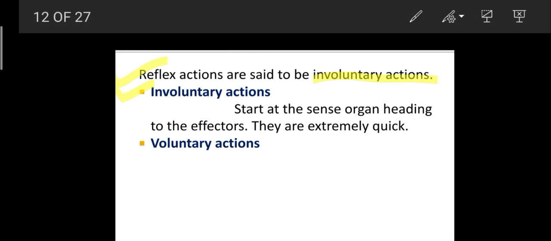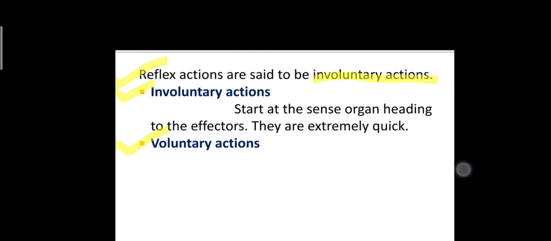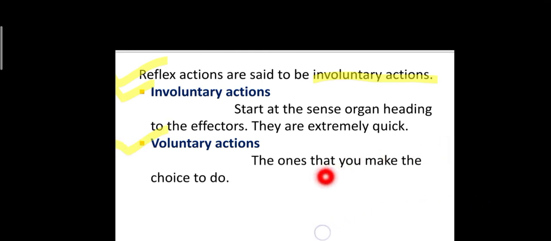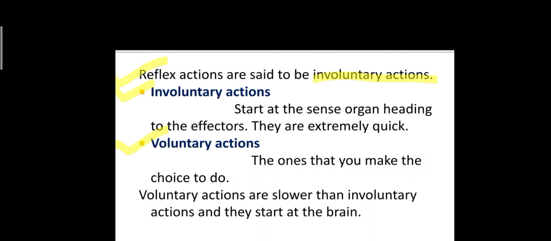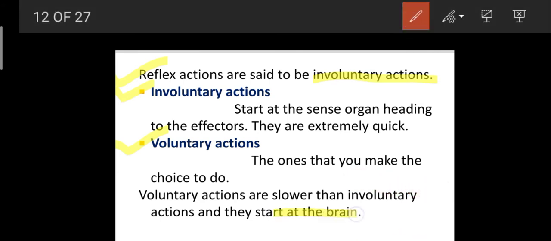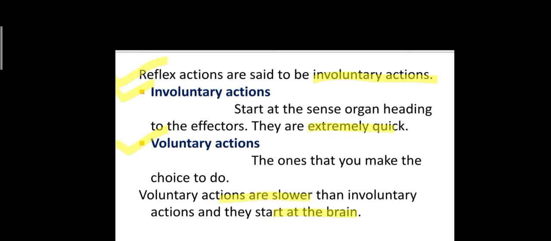While voluntary actions are those actions that you make the choice to do. Voluntary actions are slower than involuntary actions and they start at the brain. So involuntary actions are quick while voluntary actions are slower.